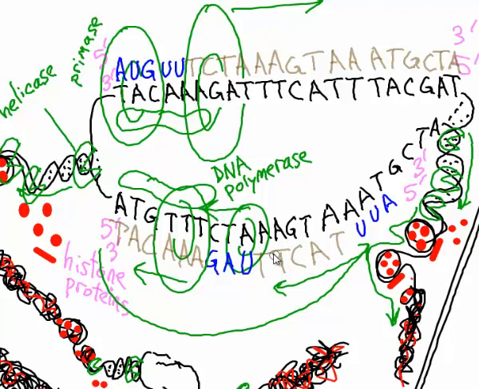Once it gets to the place where a primer already exists, it falls off, moves further back, and by this time more of the DNA has been untwisted and unwound. So it can continue to build in these short, discontinuous segments in the 5' to 3' direction.